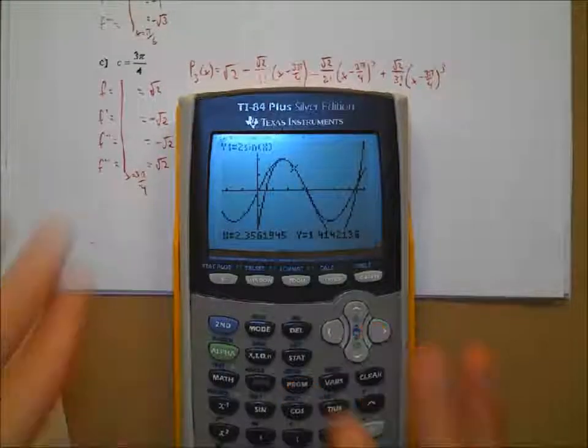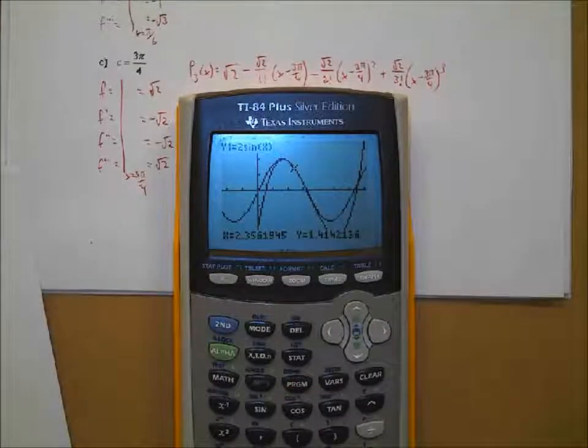Don't forget the times 2s. Wait, it's 1 over 2 for the sine of 3 pi over 4, right? Right, which is the same thing as root 2 over 2. Root 2 over 2, yeah. Okay. And so there's the answer.